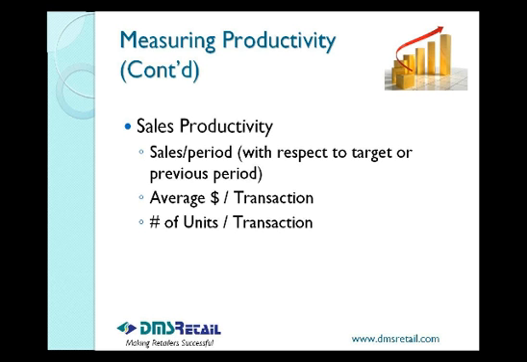We cannot wait for a week or a month to correct the situation or find out something is working great and do more of that. So the usual period we choose for sales productivity measurement is sales per day.